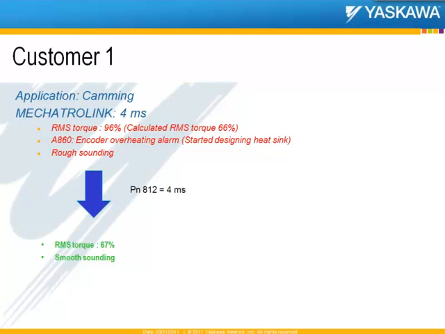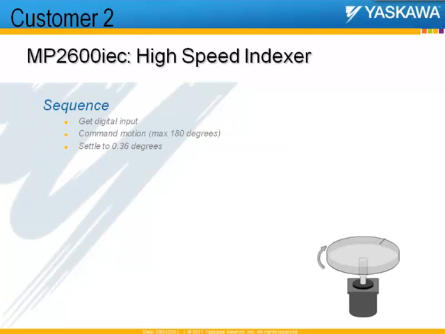On looking at their torque profile, we suggested using sub-interpolation of 4 milliseconds, which immediately reduced their RMS torque to 67%. You can see how close this 67% RMS torque while the motor was running is to what they had calculated. And their machine ended up being much smoother and quieter.